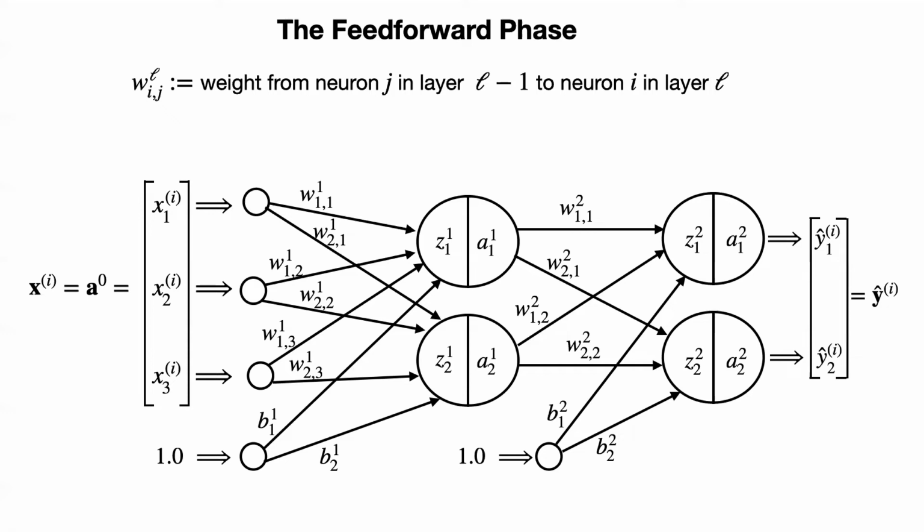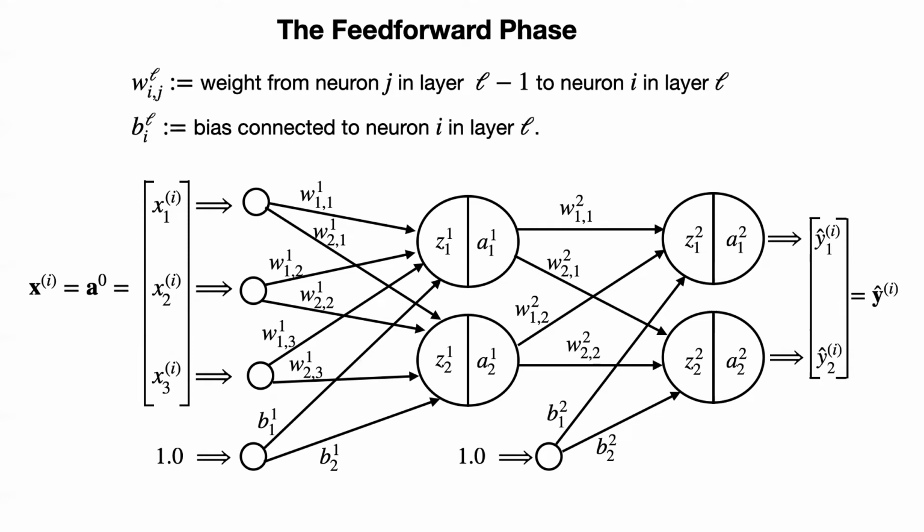And you can see that just observing the weights in this diagram, that's the notation that makes sense. But the reason why I chose that notation was, well, we'll see in a moment.